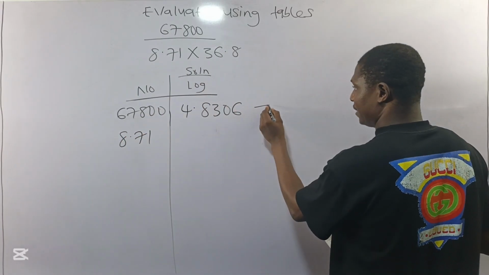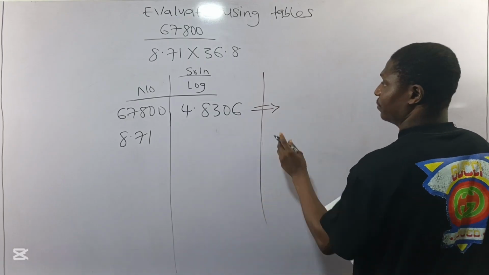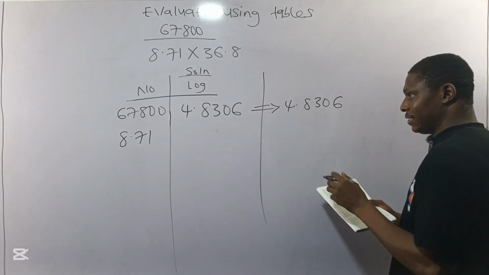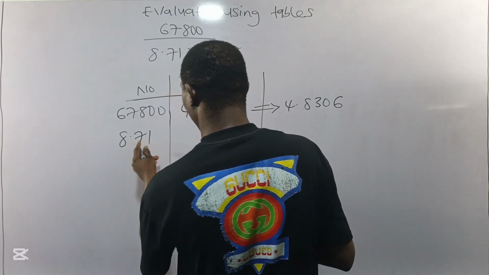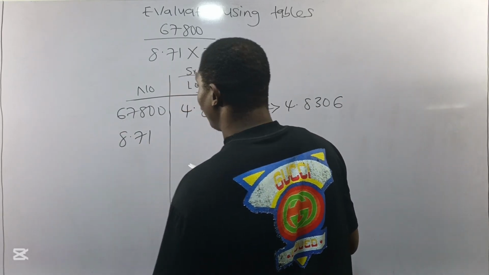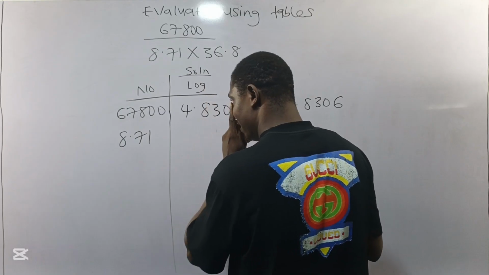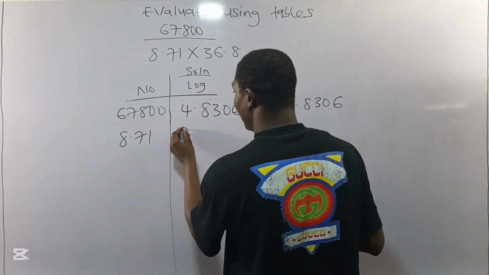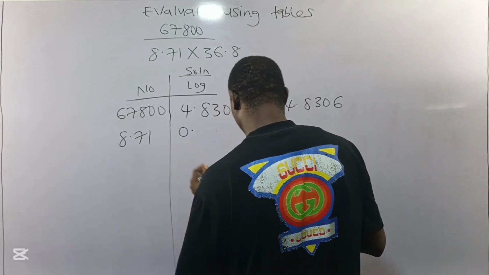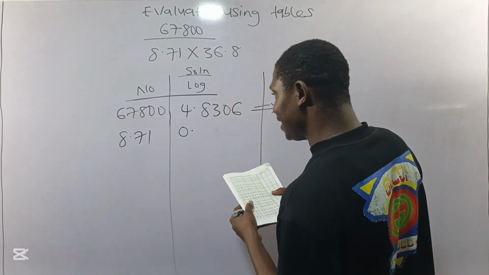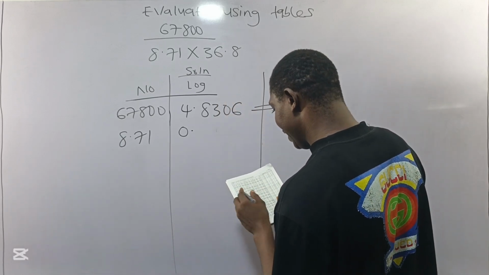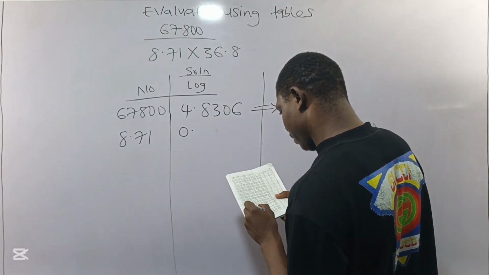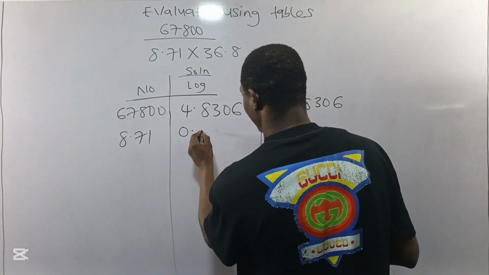And our next is 8.71. I can extend this to this side. 4.8306. Now I have 8.71. I have only 1 digit before the decimal point, so 1 digit minus 1 digit will give me what? 0. So I have my characteristic as what? 0. So I'll check 87 under 1, which gives me 9400.